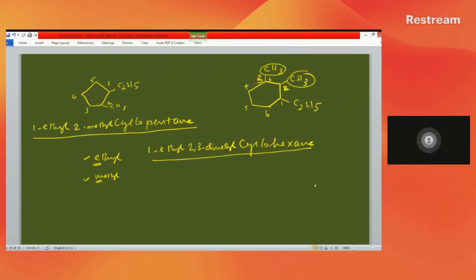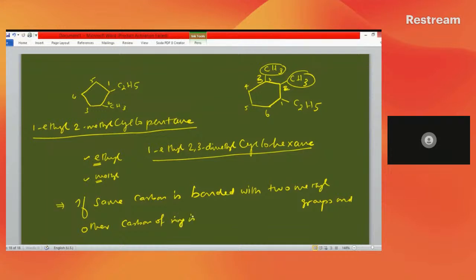1-ethyl-2,3-dimethylcyclohexane is the name. The other case: if the same carbon is bonded with 2 methyl groups and another carbon of the ring is attached with ethyl, the rule slightly differs.